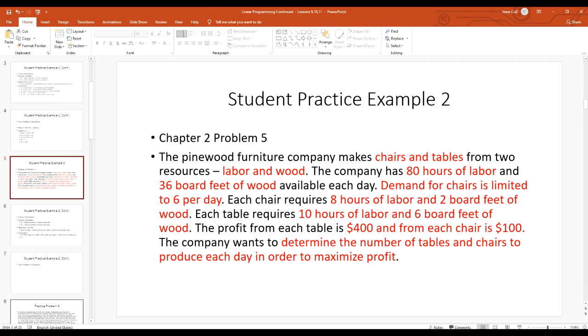We see here that we have 36 board feet available. Tables is 6 board feet. Chairs is 2 board feet.